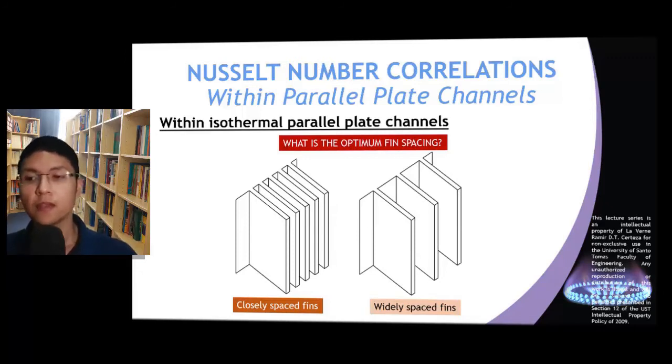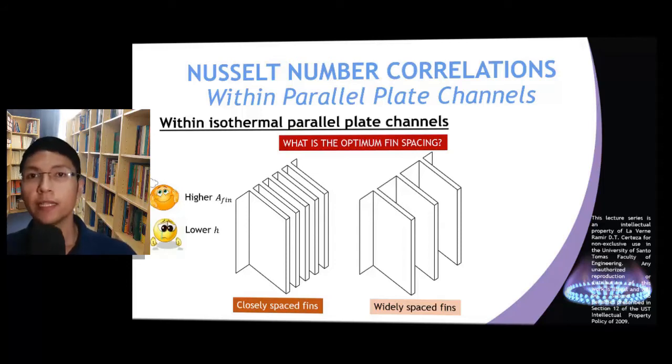The main advantage of having closely spaced fins is that there is a higher fin surface area from which convection heat transfer can occur. But since airflow between these fins is somehow restricted, the convection heat transfer coefficient within this fin arrangement is quite low.